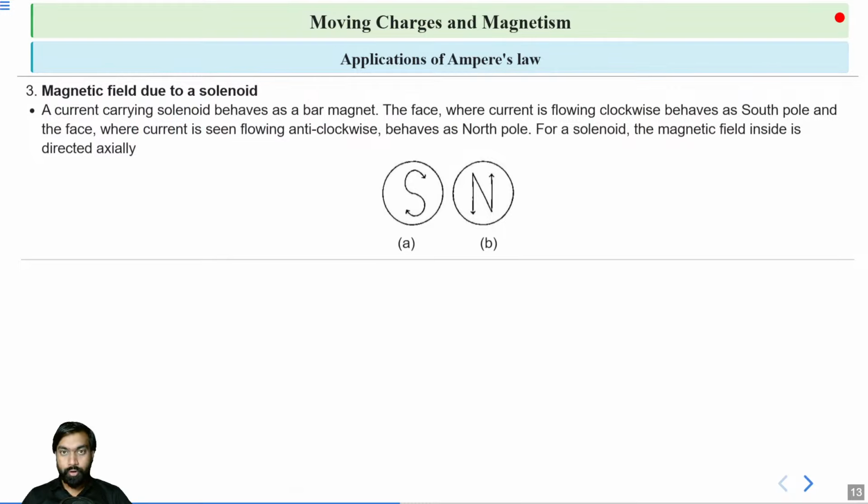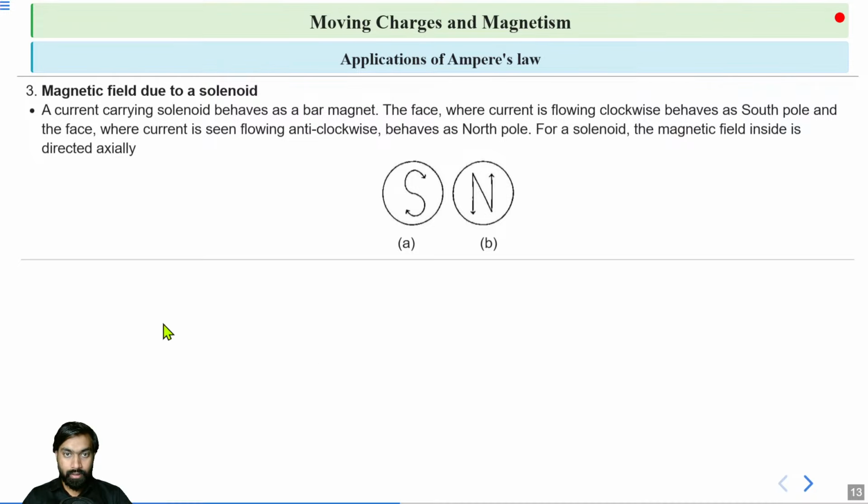A solenoid is a long coil of wire carrying electric current. So when current flows through the solenoid, it creates a magnetic field similar to that of a bar magnet. And the direction of the magnetic field depends on the direction of current flow in the coil.